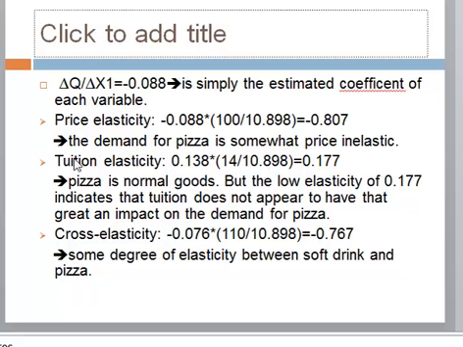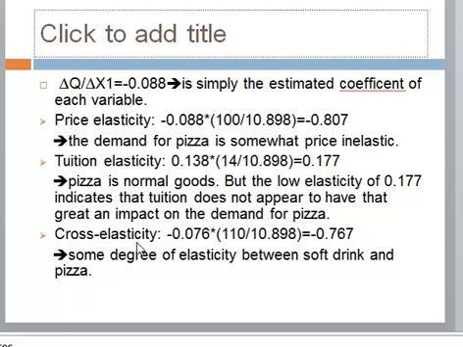Then solving this for tuition elasticity, we get 0.177. This means pizza is a normal good, because it's positive, but the elasticity is less than 1. It's very, very low, indicating that tuition does not appear to have that great an impact on the demand for pizza.